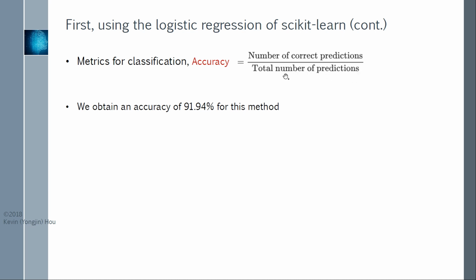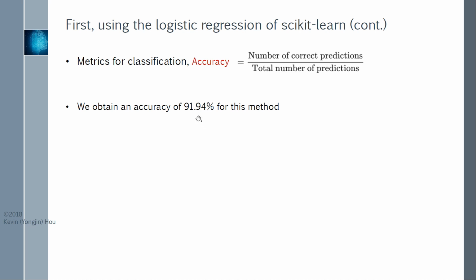In our case, remember we have 10,000 images in the test data set, so the denominator is 10,000. The number of correct predictions is the numerator. So this tells us percentage-wise what percentage of our predictions lines up with the actual.